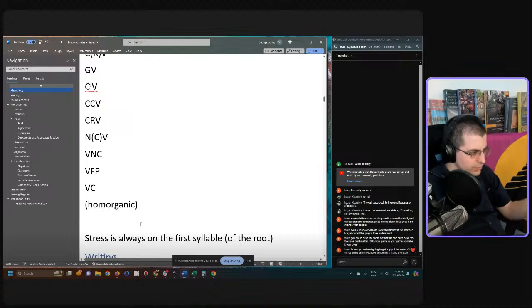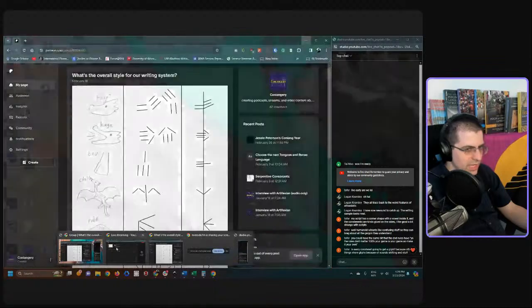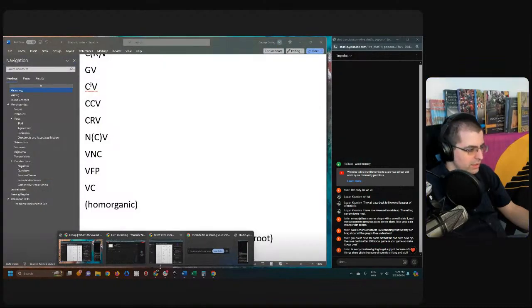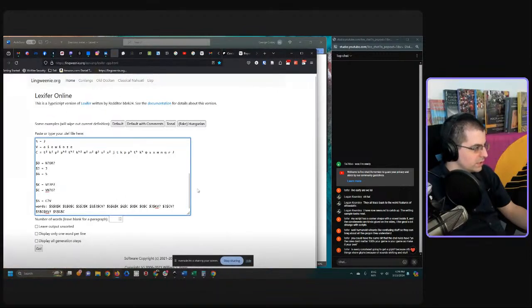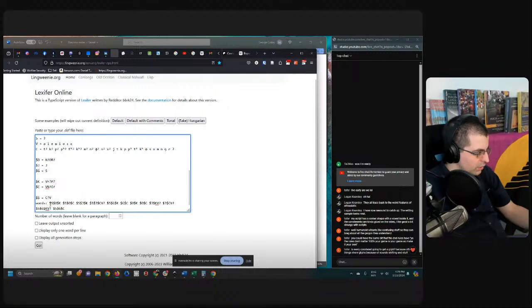Yeah, our maximal syllable is going to be like a CCVCC, right? If you look at the Lexifer definitions, you always have one of these onsets.